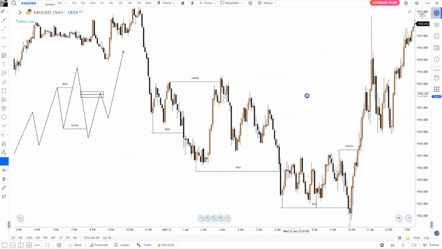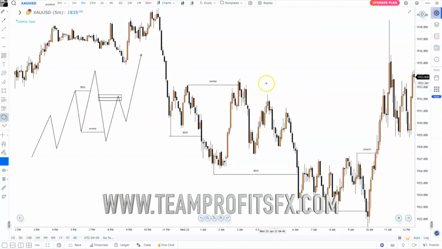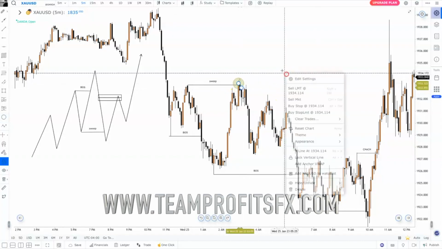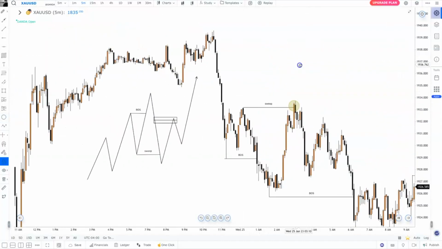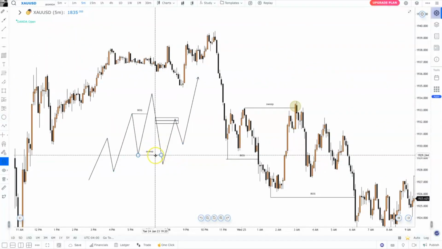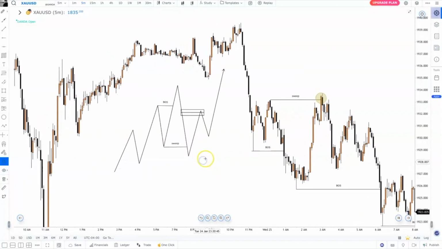But you see that this type of trap will happen. This is just manipulation. The market will do this type of sweep most of the time.